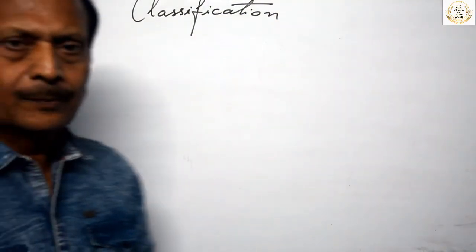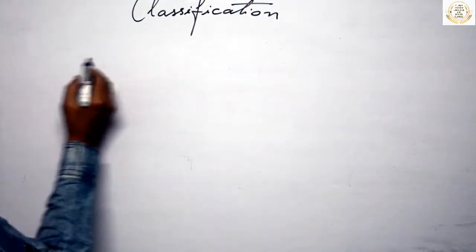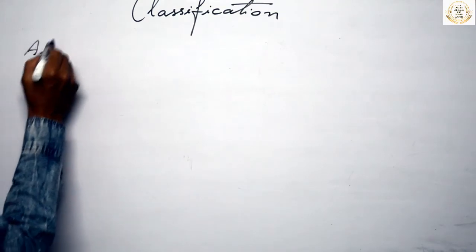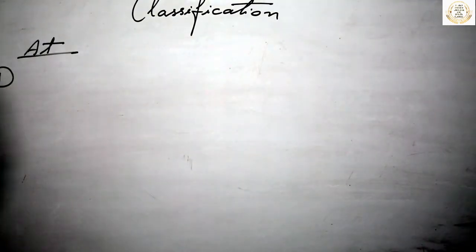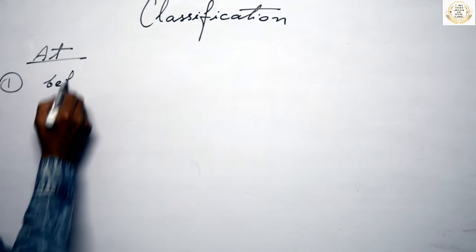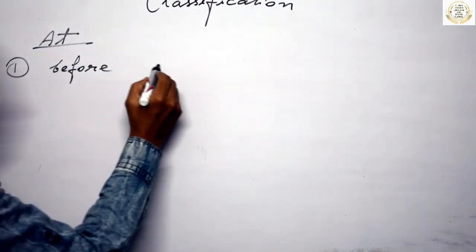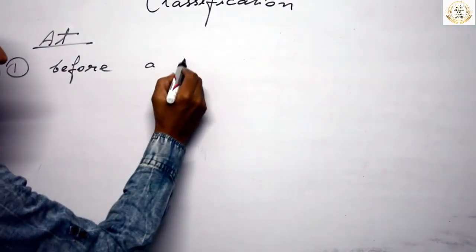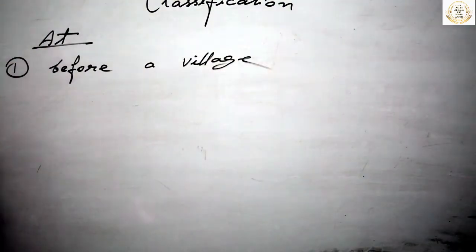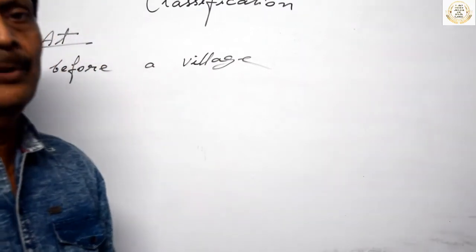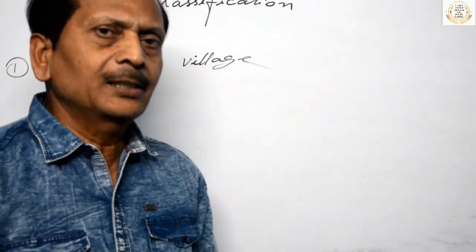I am going to talk about the use of the preposition at. Stepwise we will see. We use this preposition before a village, or maybe the name of a village, but the sense is village.